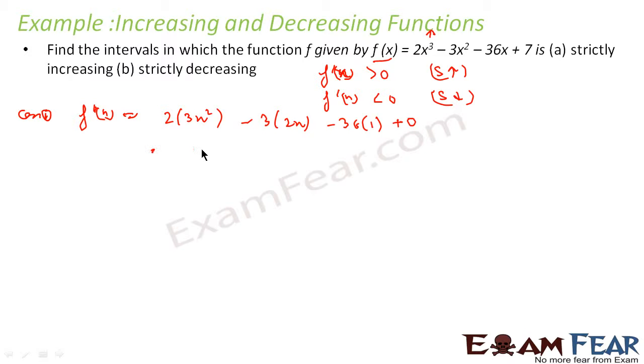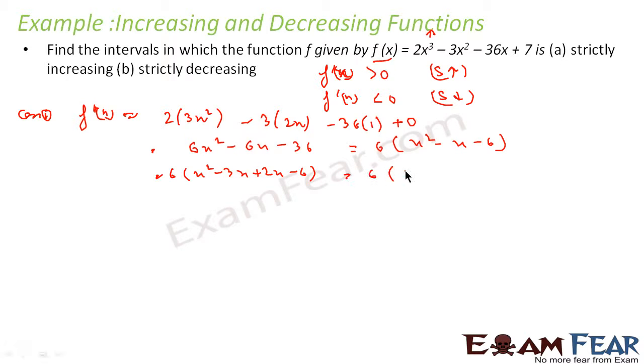So this comes out to be 6x square minus 6x minus 36, and that is nothing but 6 into x square minus x minus 6, and this if you factorize, this becomes 6 into x square minus 3x plus 2x minus 6, and that is nothing but 6 into x minus 3 into x plus 2. This is the value of f dash x.